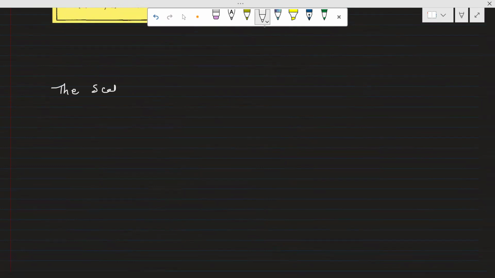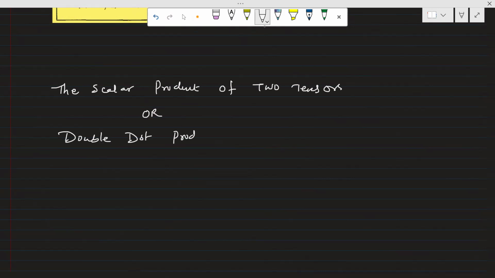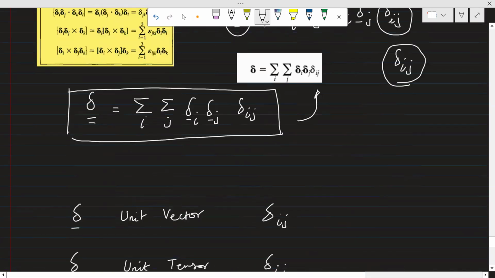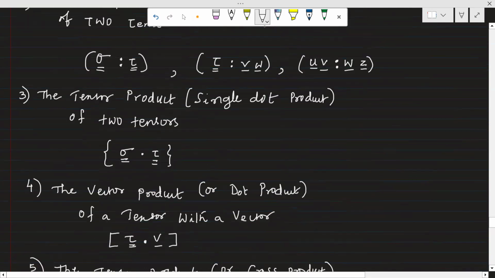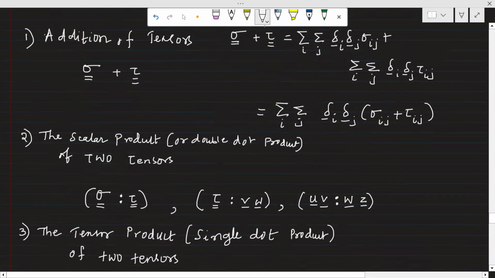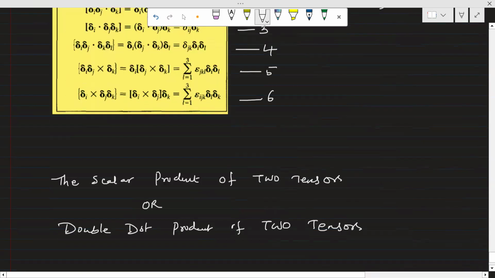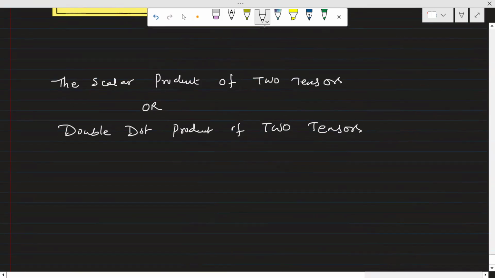The scalar product of two tensors, or we can also call this the double dot product of two tensors. I call it a scalar product of two tensors. I can also say it is a double dot product.